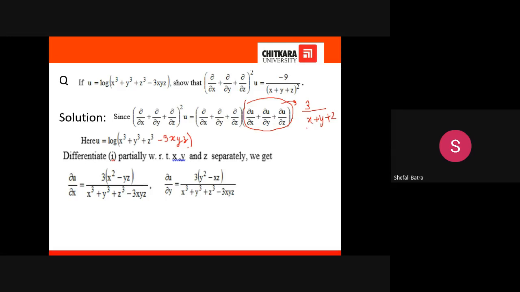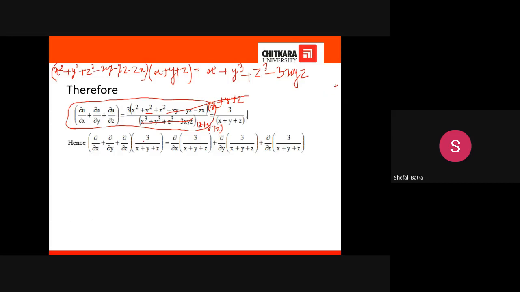Right? Now you will operate curly by curly x on this, plus curly by curly y on this, plus curly by curly z on this. So you have written like this, curly by curly x, curly by curly y, and curly by curly z of this factor. So now evaluate this.